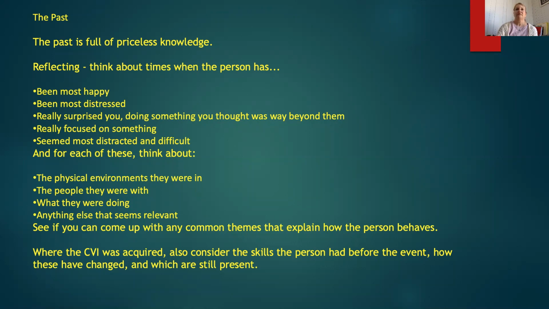In reflecting, think about the times when that person or that child, your student, has been the most happy. Think about the circumstances, if it was quiet in the room, or when they had accomplished something that was a breakthrough for them.